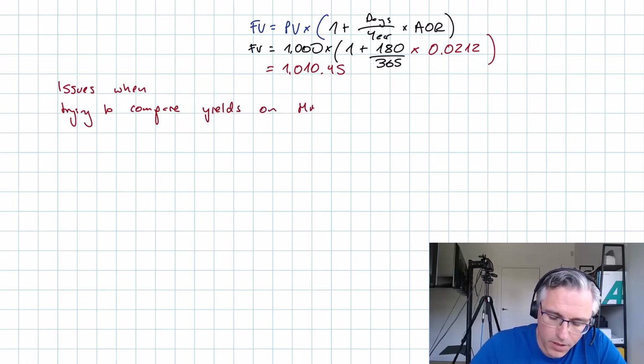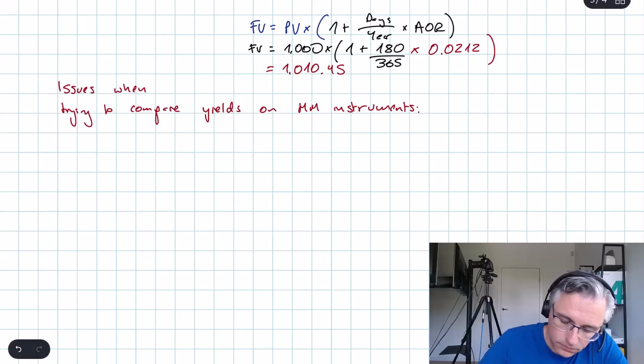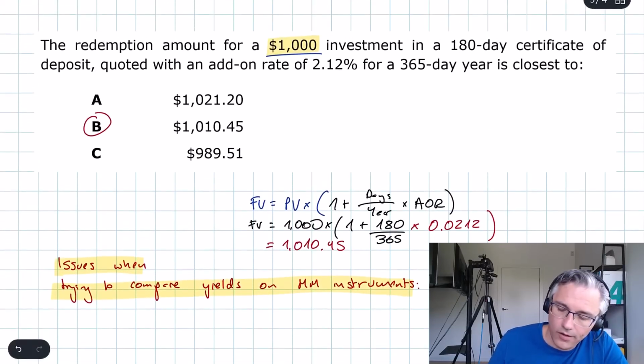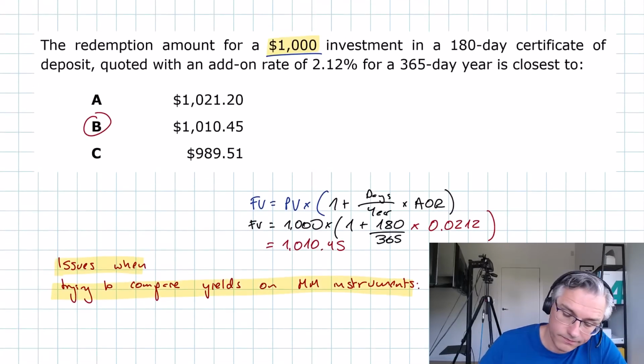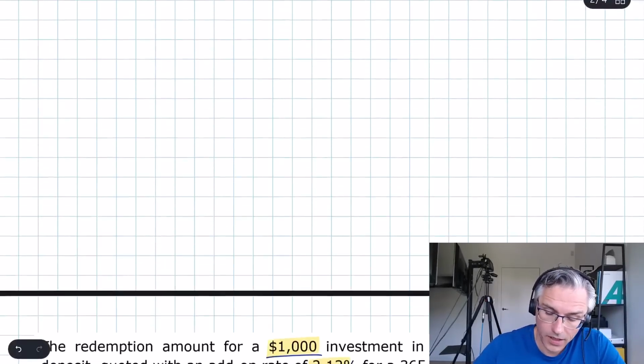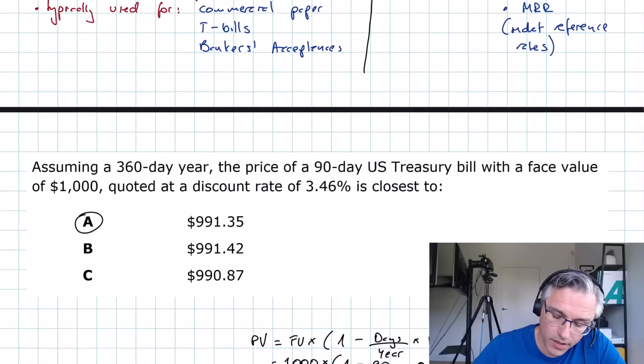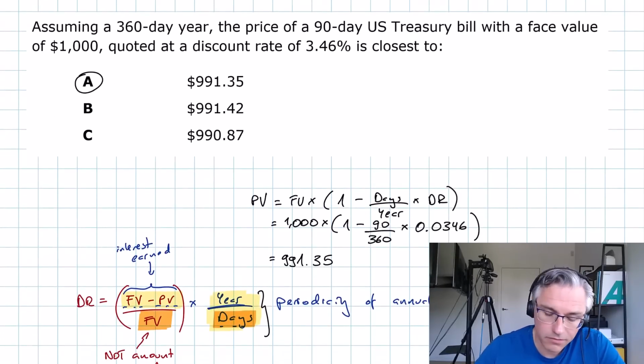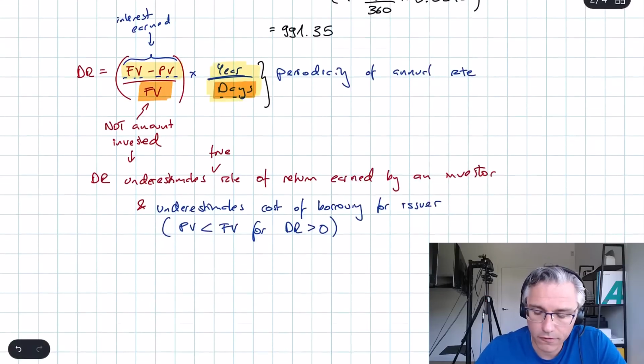on money market instruments. So say you've got a yield computed like over here on a certificate of deposit, and you're told it generates 2.12%. At the same time, you're comparing it to the yield on a 90-day US Treasury bill, where we're told that the rate is 3.46.